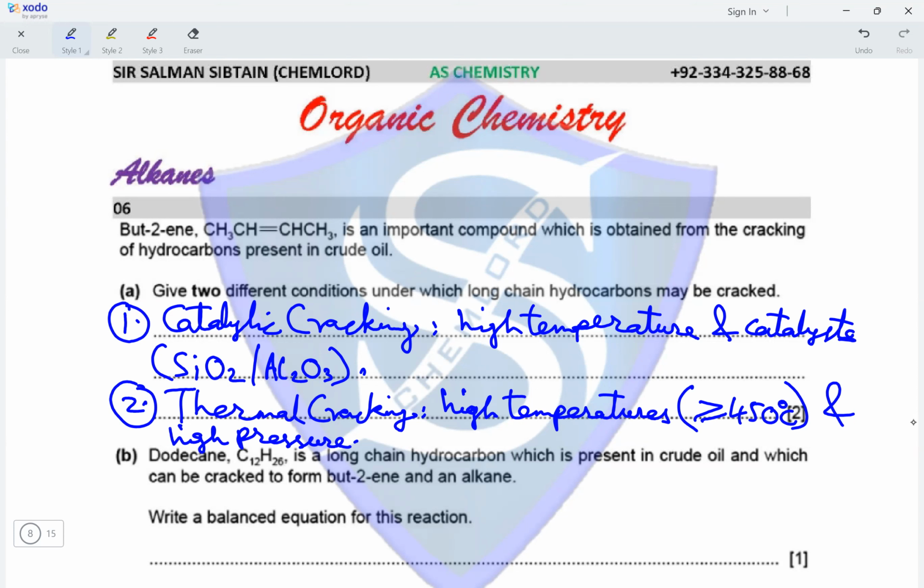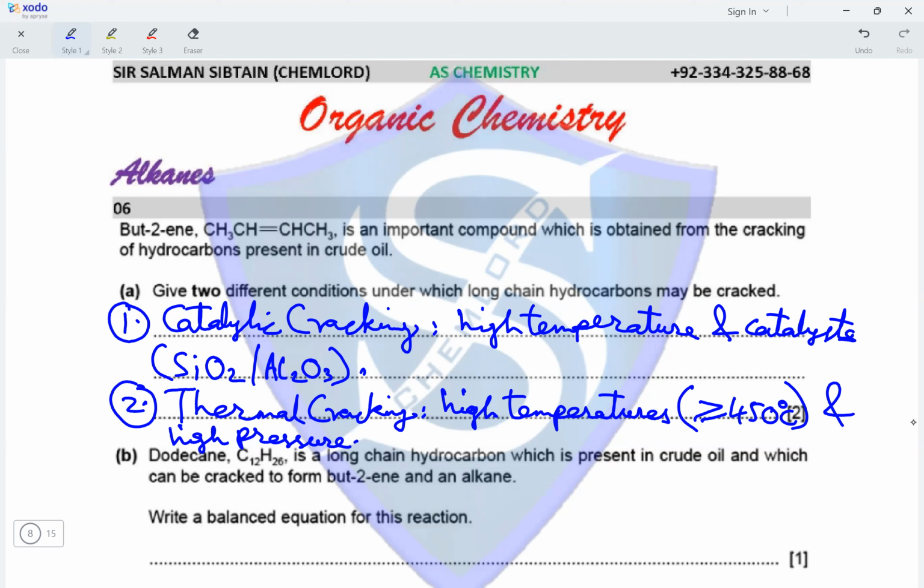Dodecane, C12H26, is a long chain hydrocarbon which is present in crude oil and which can be cracked to form butene and an alkane. So we have to produce butene and an alkane along with it.